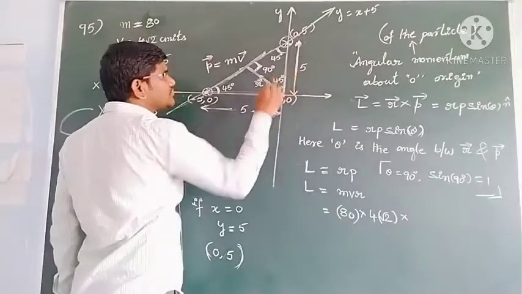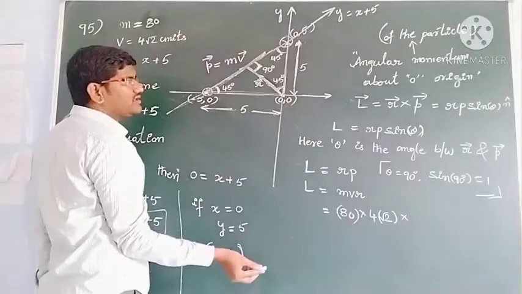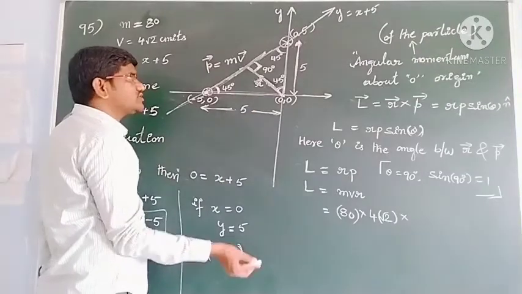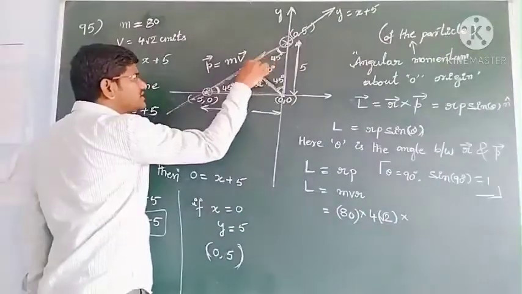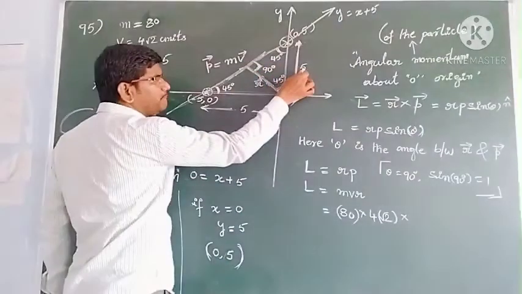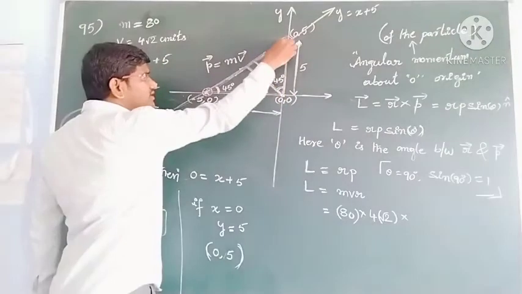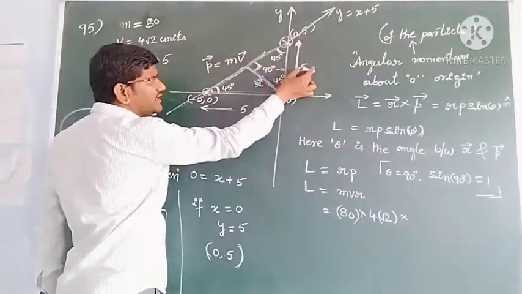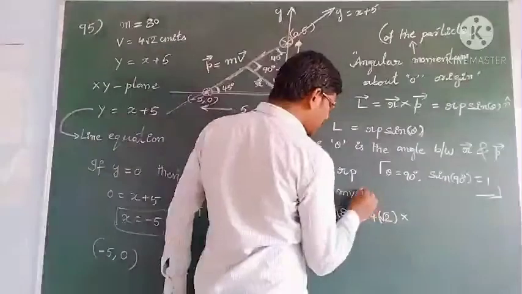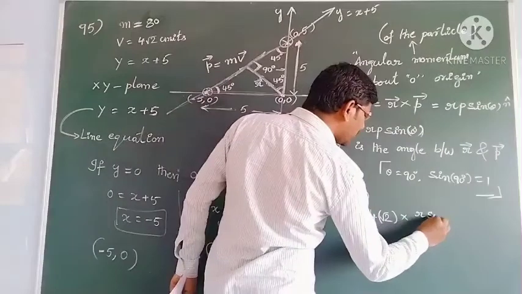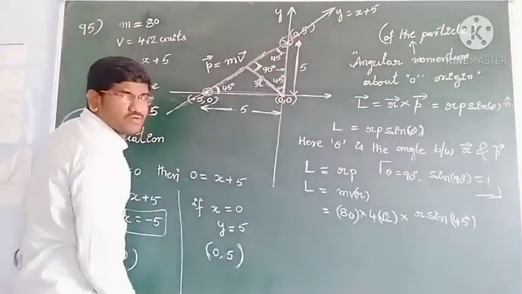So the big triangle is a right angle isosceles triangle, and the small triangle is also a right angle isosceles triangle. This is 90 degrees and this side is 5 units. Then in this right angle triangle, with the hypotenuse known, calculate this r value. You will get r is equal to r sin 45 degrees.